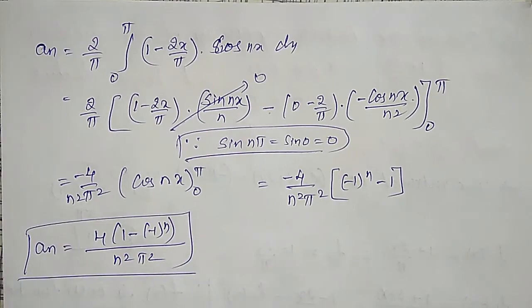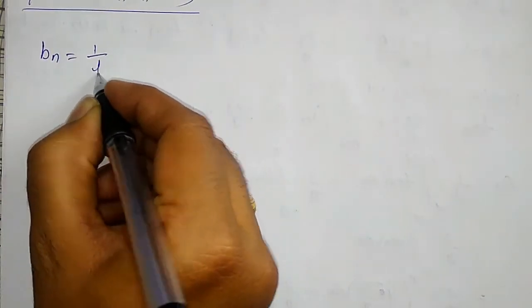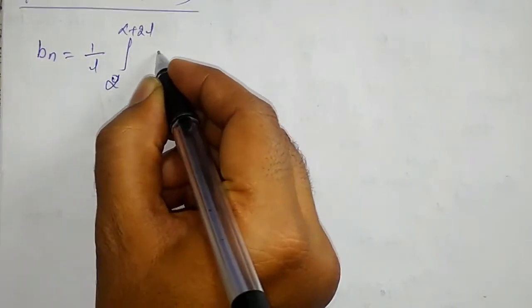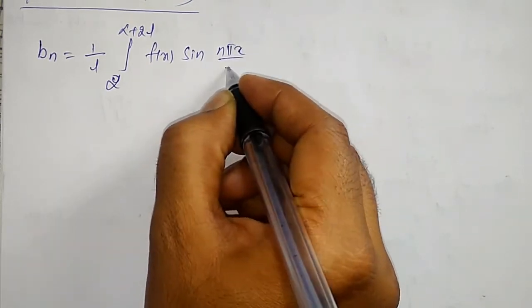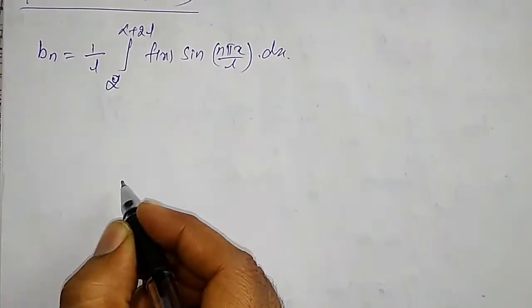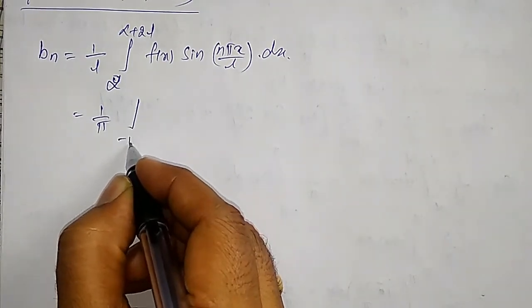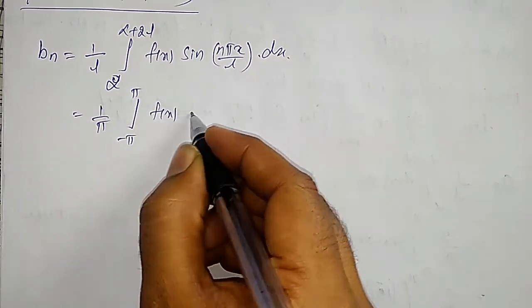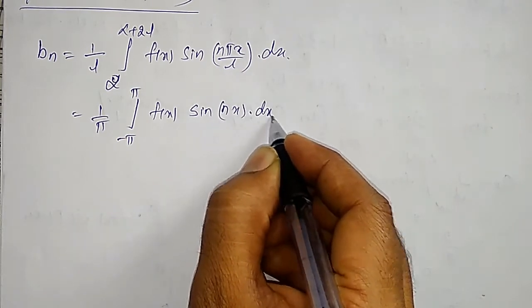This is my an. Next Fourier coefficient is bn. Bn is given by 1 by L integration from alpha to alpha plus 2L into f of x sin n pi x by L into dx. Now L equal to pi, I have to substitute 1 by pi integration from minus pi to plus pi, f of x is an even function, into sin nx into dx.